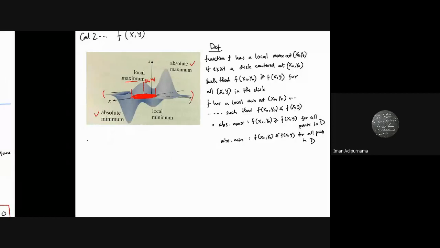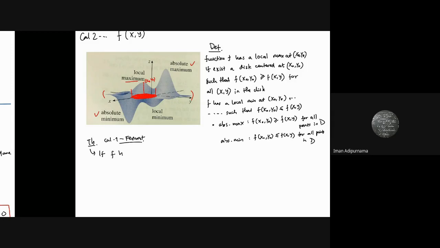From here, we can also rewrite the theorem based on calculus 1, the Fermat theorem, if you remember.